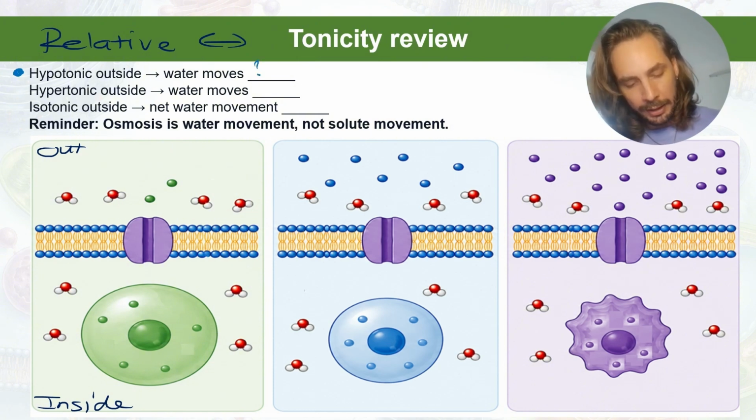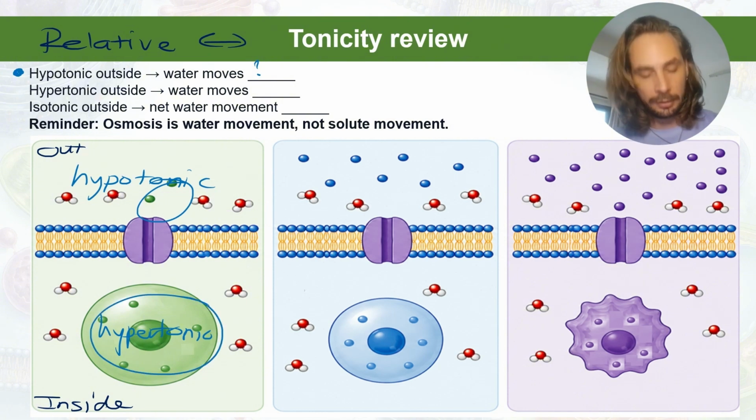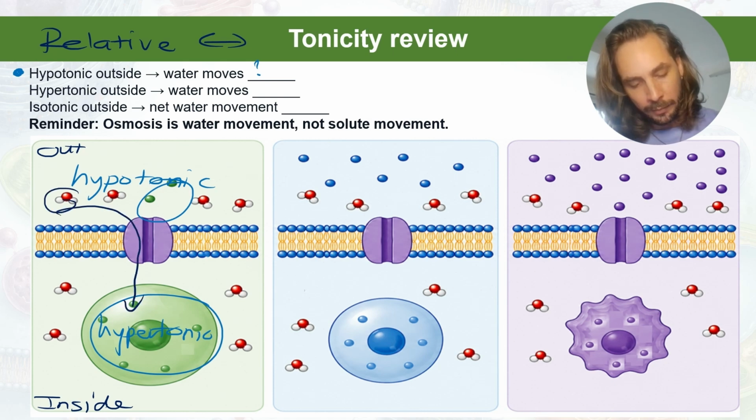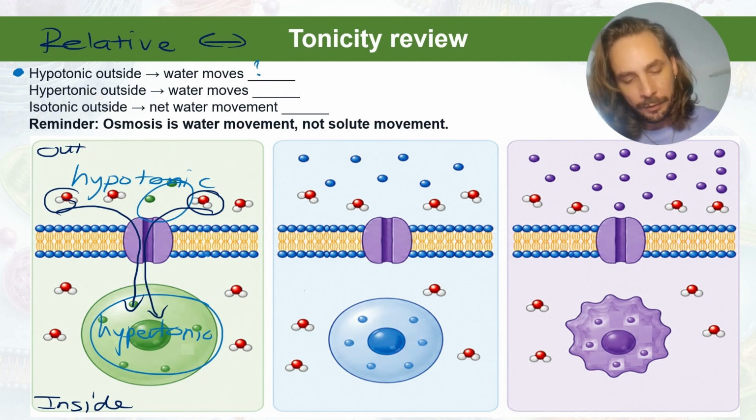Here I can see this is a hypotonic solution because it has less dissolved solutes. And here I have a hypertonic solution because it has more dissolved solutes. And water always wants to move from a hypotonic environment to a hypertonic environment. So if it's hypertonic outside, water would move into the cell.